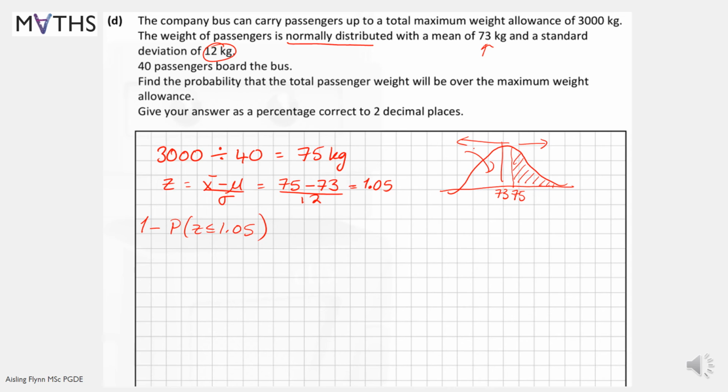So our probability that we'll exceed the weight will be 1 minus 0.8531, which is 0.1469. That's as a decimal, or 14.69% to the 2 decimal places that were requested.